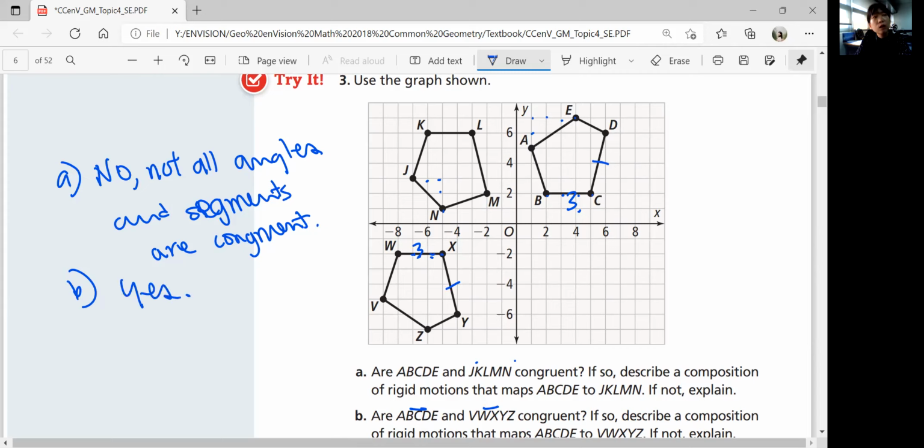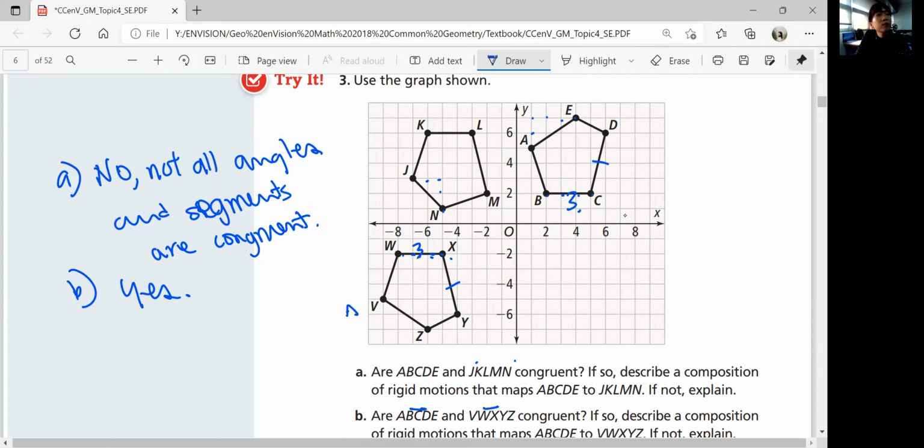Can you find a composition of rigid motions? Okay. First, BC has to map to WX again, right? So BC needs to be mapping to WX. Let's write the points. Let's match some points.